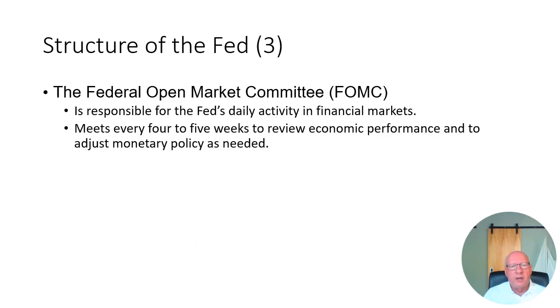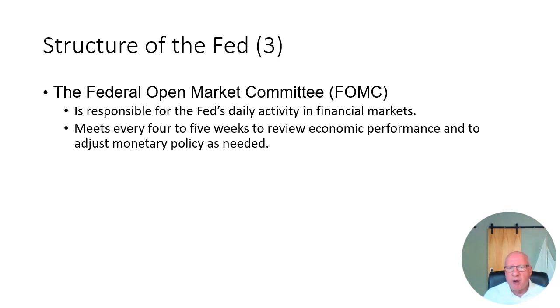Now, let's take a look at the Federal Open Market Committee. This is probably the most important of the committees that the Federal Reserve System has, and it's responsible for the Fed's daily activities in financial markets. And the Open Market Committee gets its name from the fact that they participate in what's called the open market, which is just the financial markets on Wall Street.